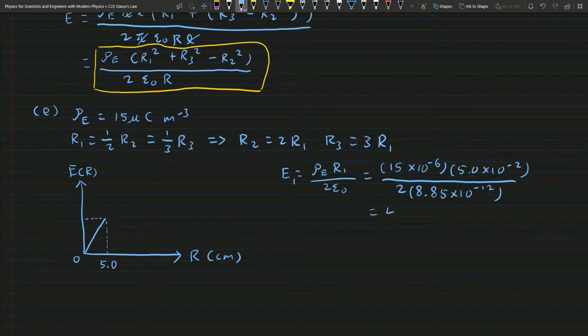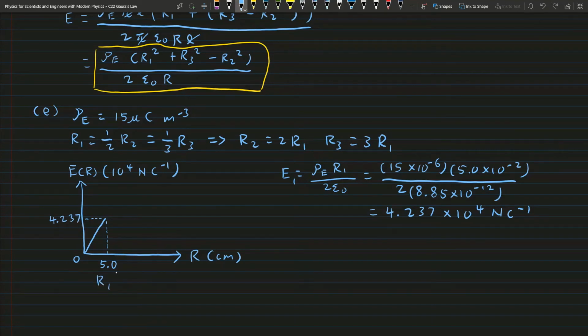Here I get 4.237 times 10 to the 4 Newton per coulomb. So the unit here we can write is 10 to the 4 newtons per coulomb. So here is 4.237.